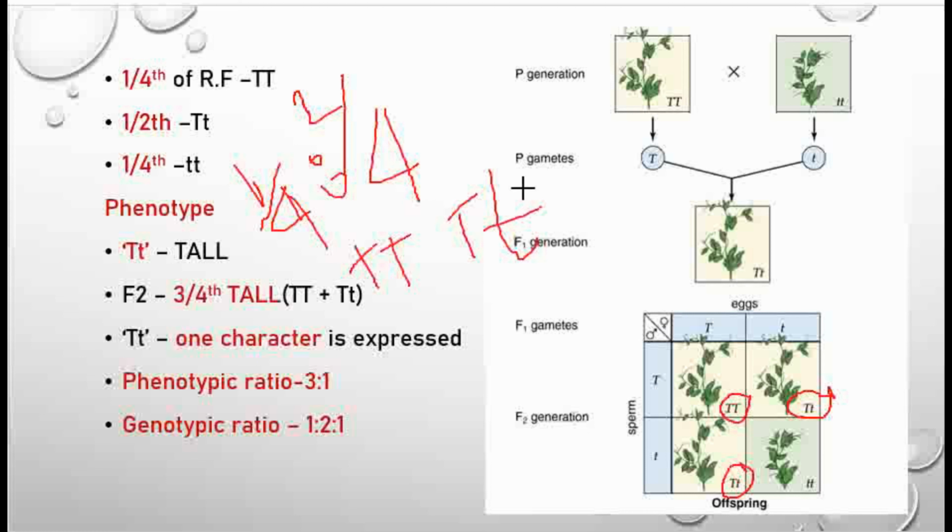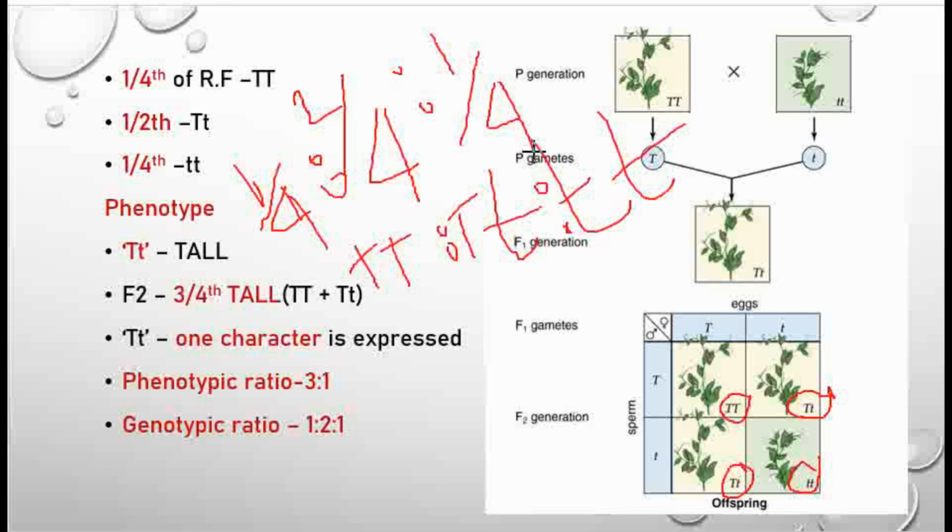Next, the last one is the small t, small t combination. So how many are in the small t, small t genotype? It is only 1, right? So you will write 1/4 here. Okay, so now you will get the ratio as 1/4, 2/4, 1/4.